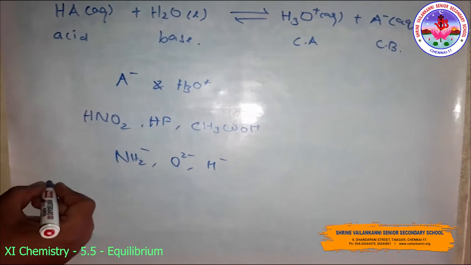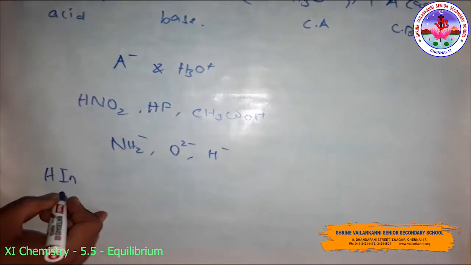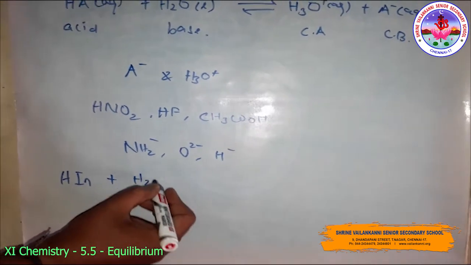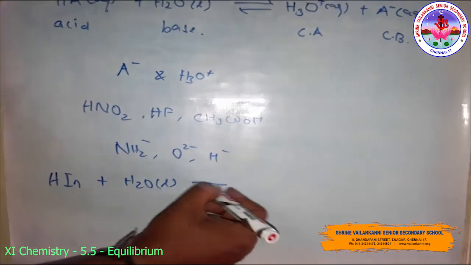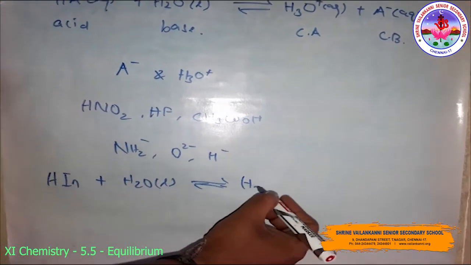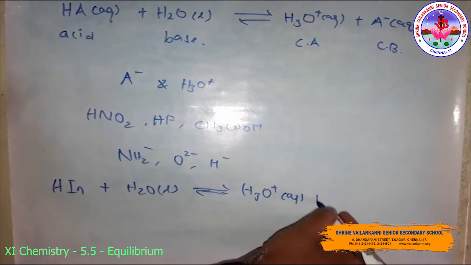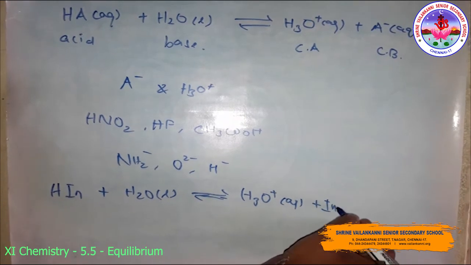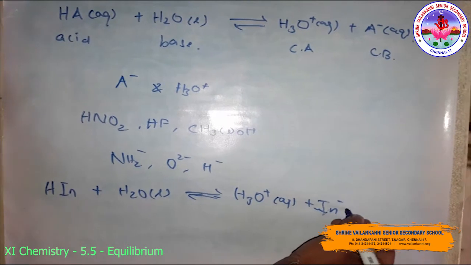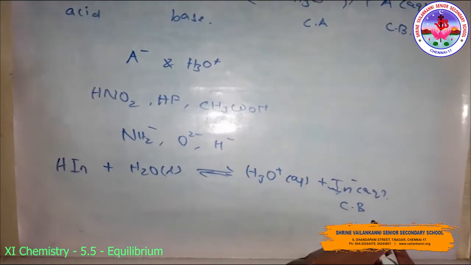That is, HIn, where In indicates indicator, the acid indicator, reacts with water to form hydronium ion, H3O plus aqueous, and indicator In minus, the conjugate base.